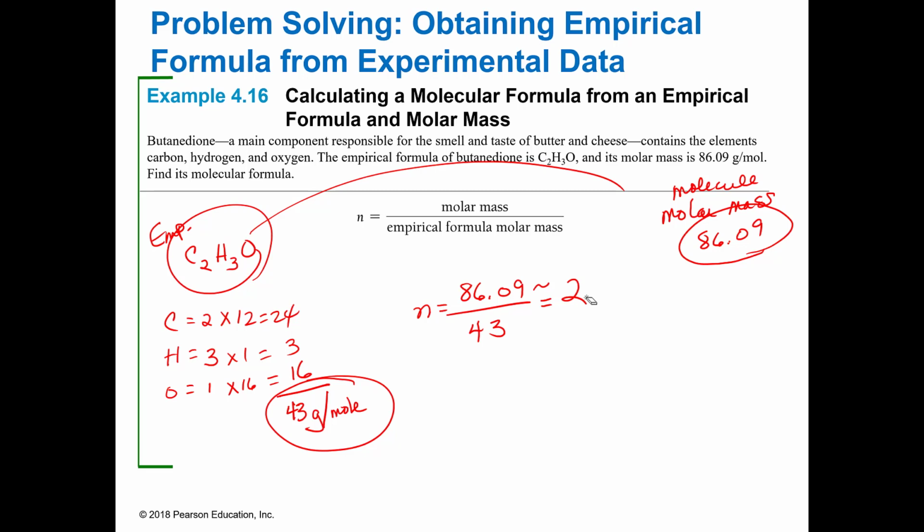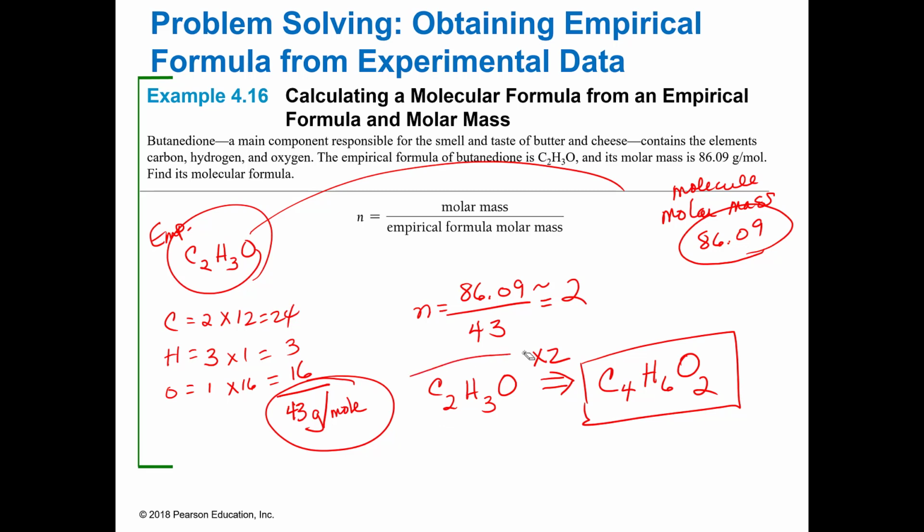So that tells me that my empirical formula of C2H3O, I'm going to multiply by 2 and get C4H6O2. Empirical formula, lowest whole number ratio, actual molecular formula, which is a multiple of that one.